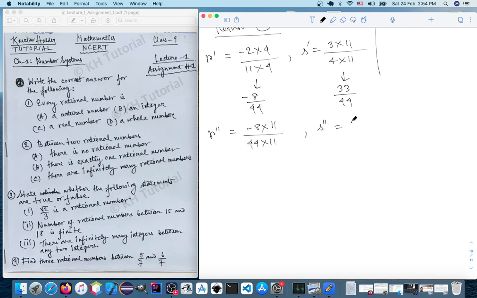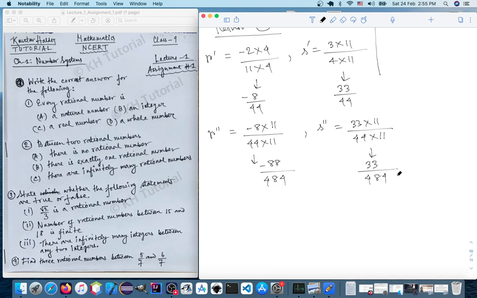This becomes 33 into 11 over 44 into 11. Now, this becomes minus 88 by, what is 44 into 11? It is 484. And this is 33 into 11 by 484.